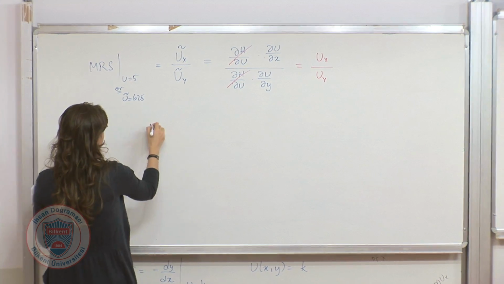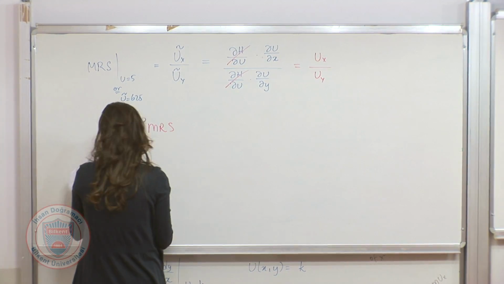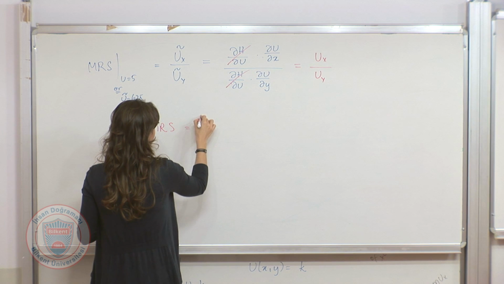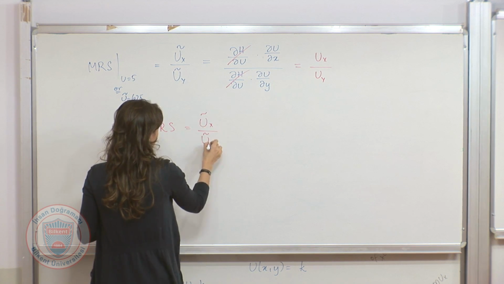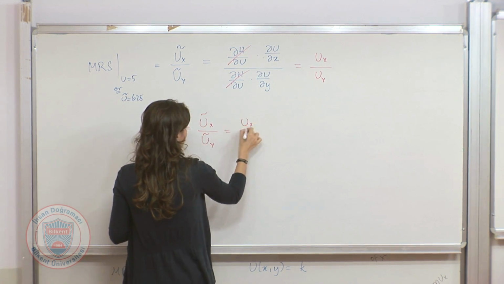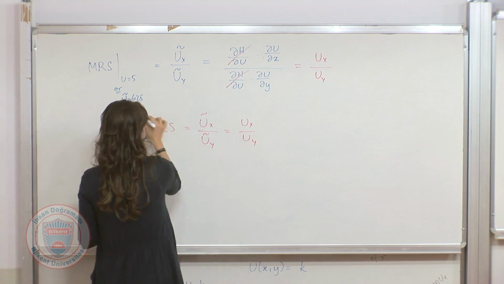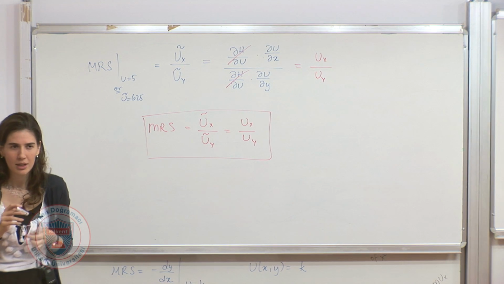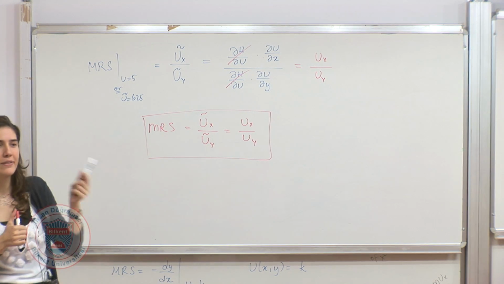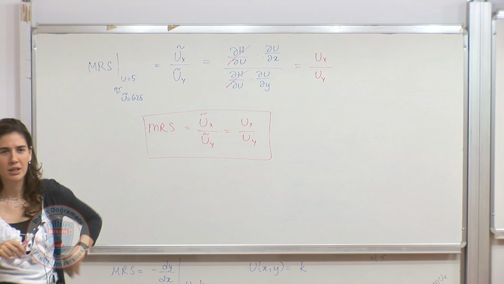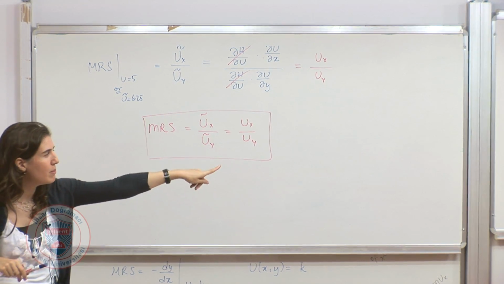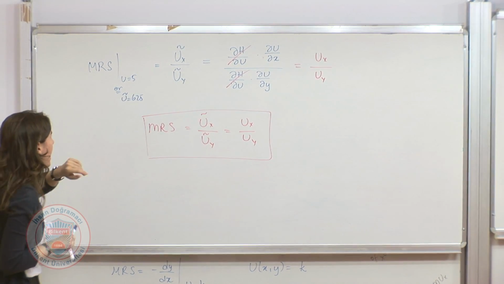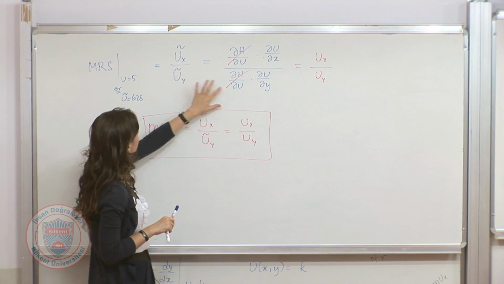So we can actually say MRS with u tilde x, u tilde y, is the same as with ux, uy. Okay, one question. Suppose it was a negative transformation. Suppose it was the minus one. Do you think things will change here?